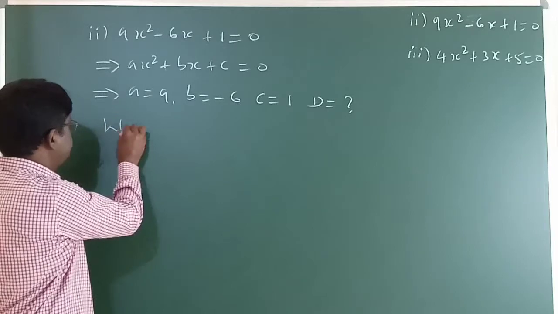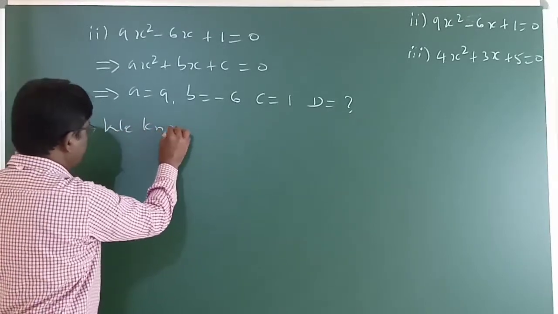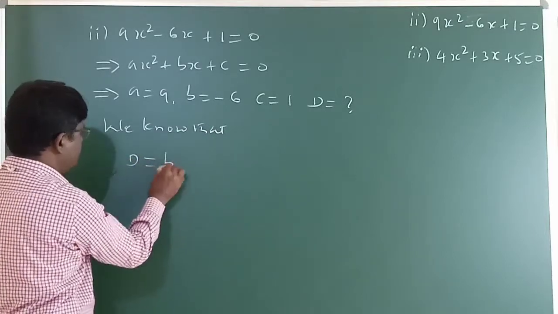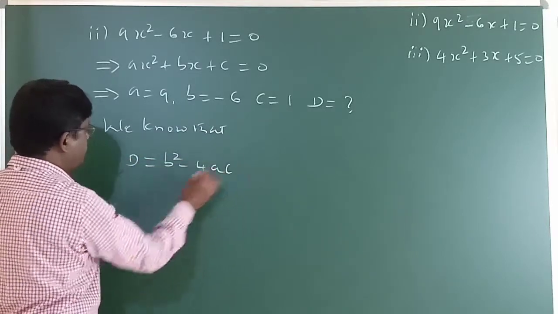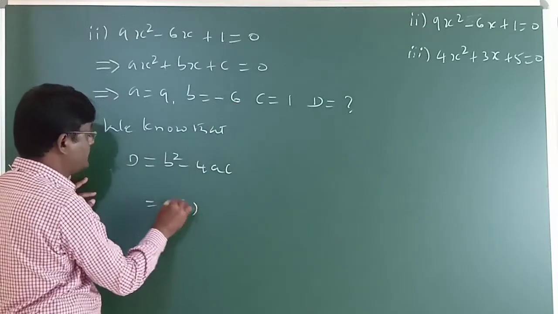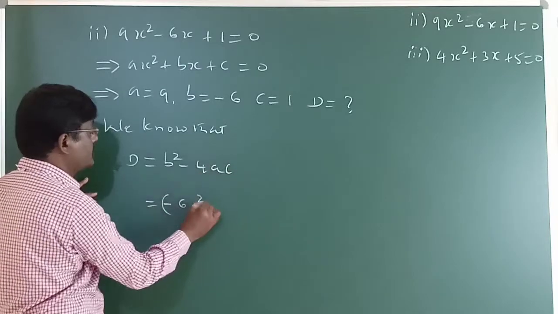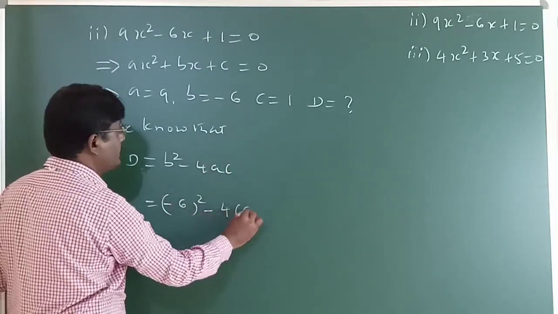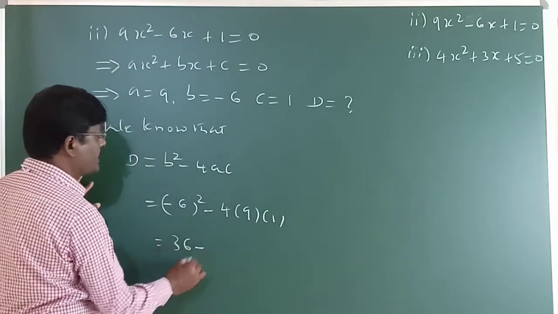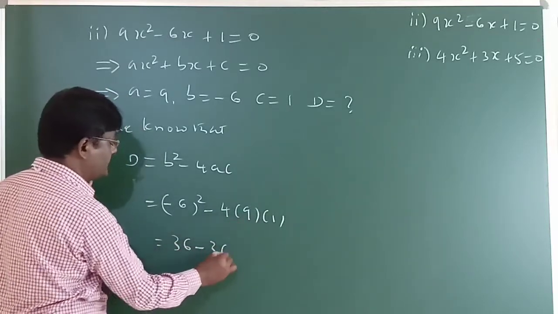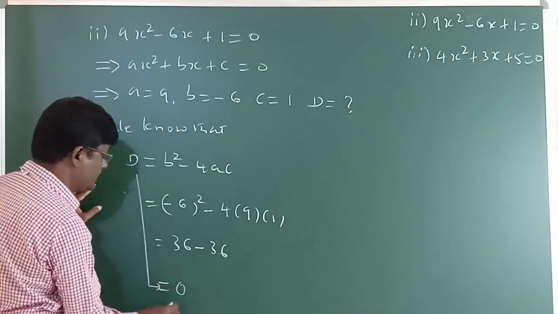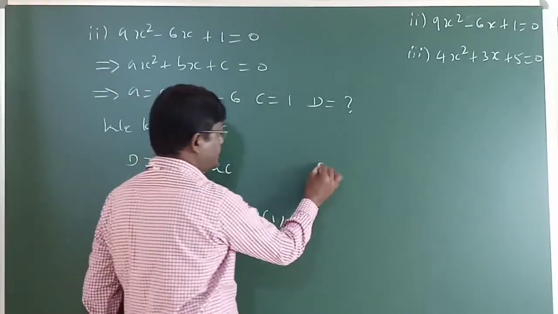We know that D equal to b square minus 4ac. Now let us substitute. Minus 6 whole square minus 4ac. 36 minus 4 nines are 36. Therefore, 36 minus 36 gives what? 0. This implies D equal to 0.